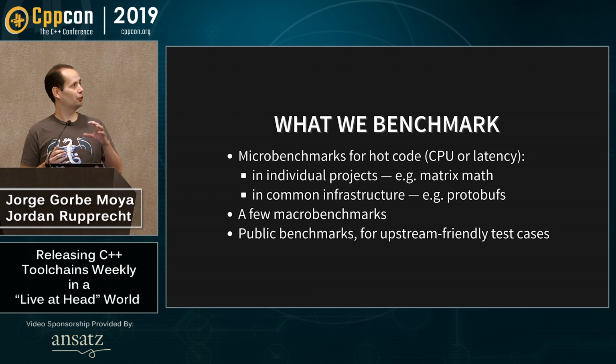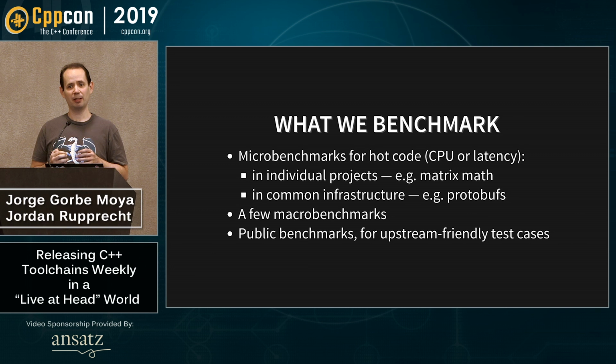And here we have also 2 big classes, things that are a big part of individual projects. Like if you are doing any machine learning, you will do a lot of matrix math and you want it to be fast. But there's also things that are not a big part of anything, but they are a considerable part of the total data center load, like protocol buffers or compression or hash maps. So we also test that.